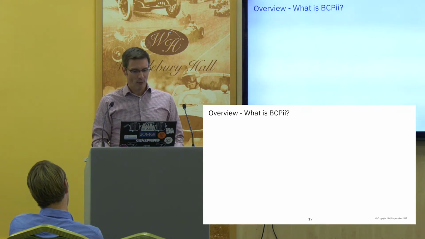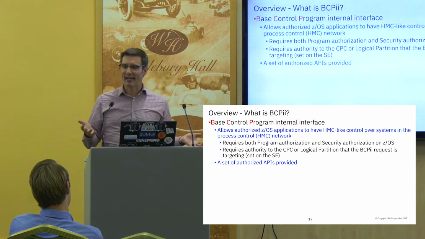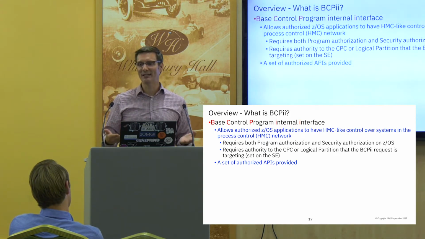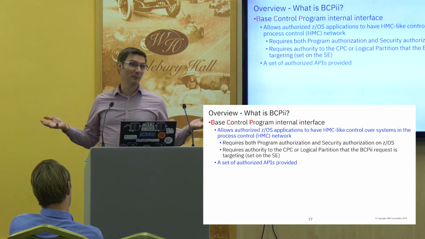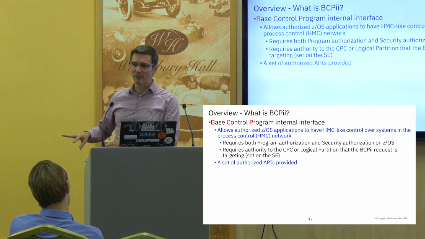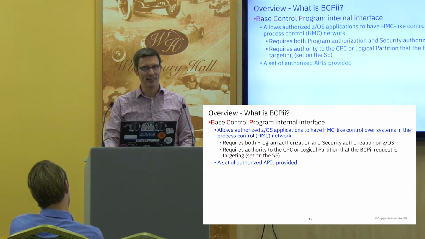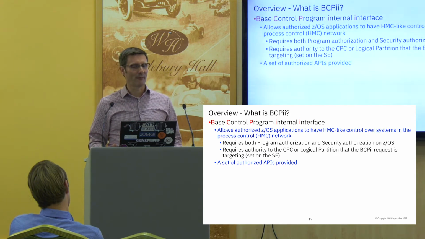So, what is it? Well, it stands for this acronym, and I don't like the acronym. I inherited this because there was a BCPii implementation in another product that was really, really primitive, but they used that term BCPii, and I said, all right, we'll keep that. It stands for Base Control Program Internal Interface.